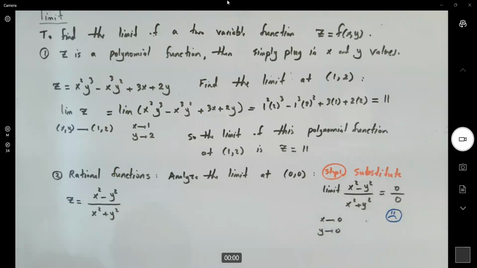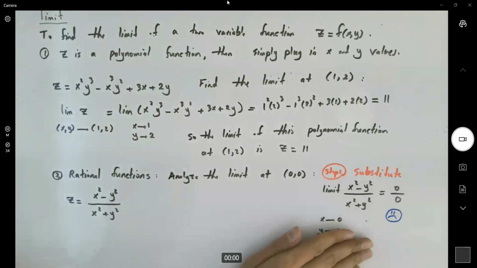Okay, so what is the next step? Since I have two values here, let me forget about the second value and just enter the first value, which is 0. If I plug in 0, what do I have?